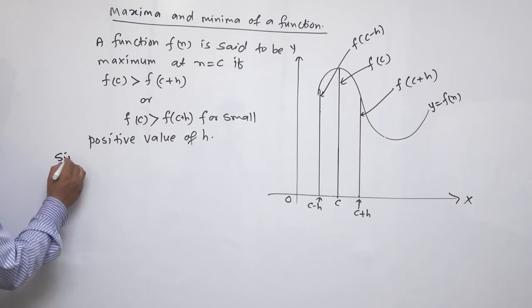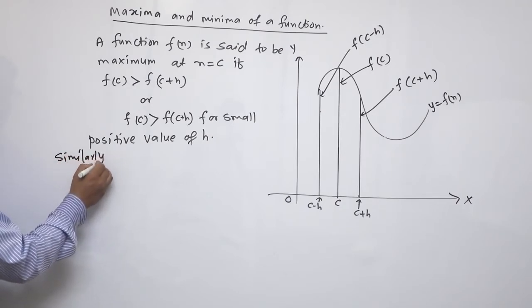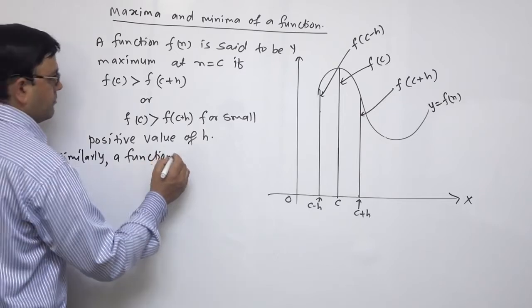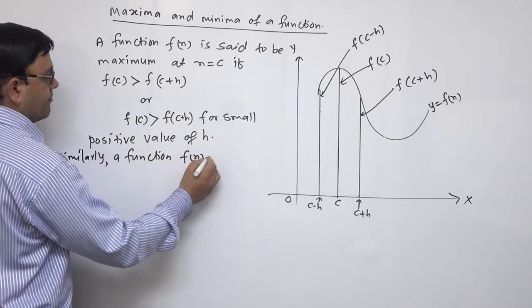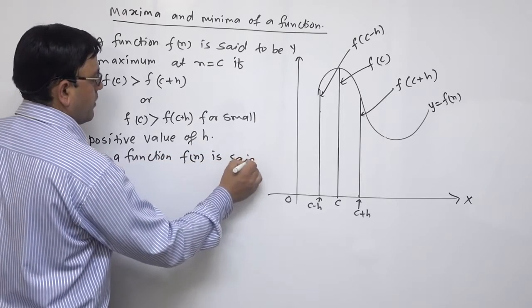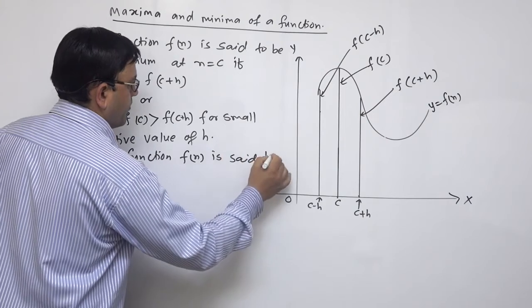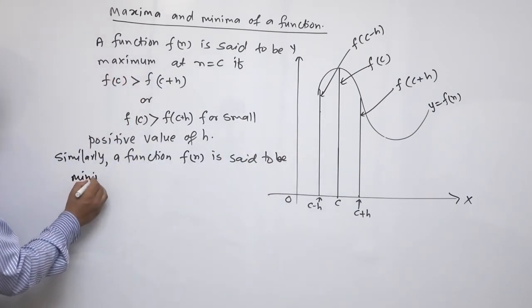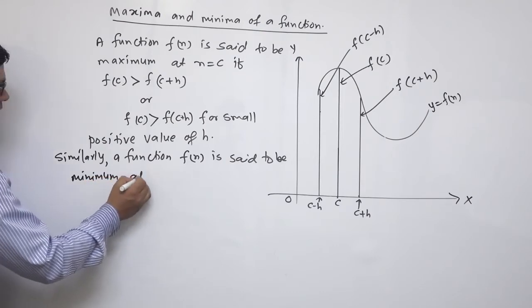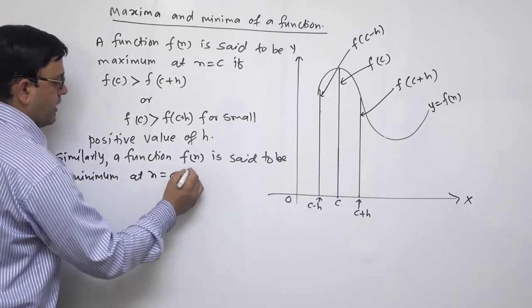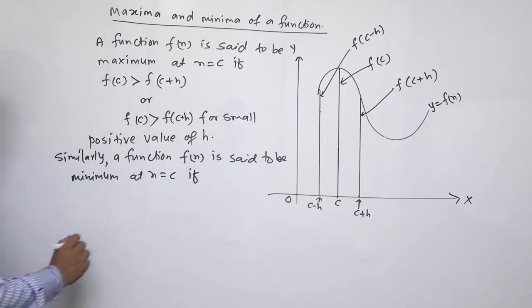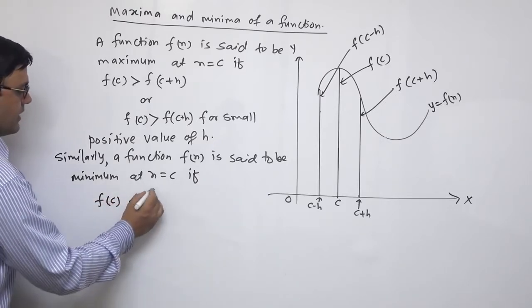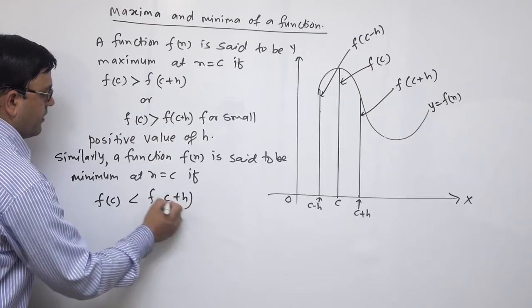Similarly, a function f(x) is said to be minimum at x is equal to c if f(c) is less than f(c plus h).